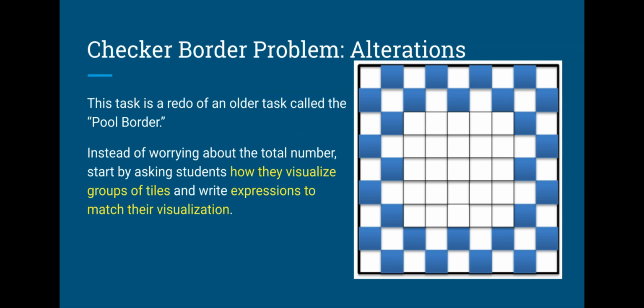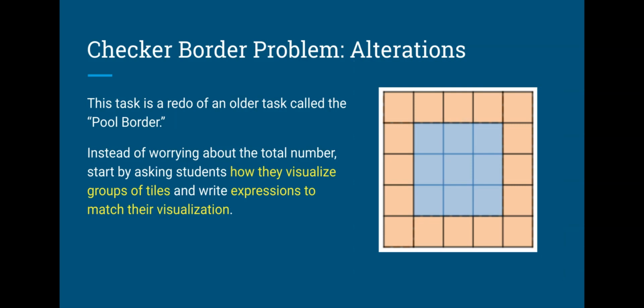So instead of worrying about the total number of tiles in C 2.0 Algebra 1, what we really want to do is start by asking how they visualize groups of tiles and write expressions to match their visualizations.